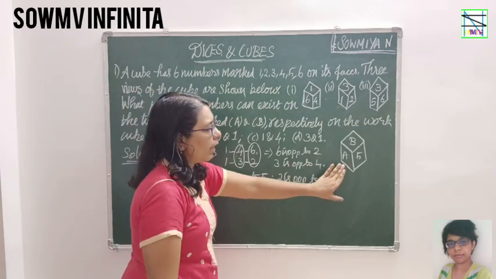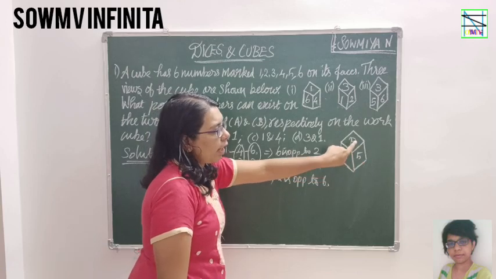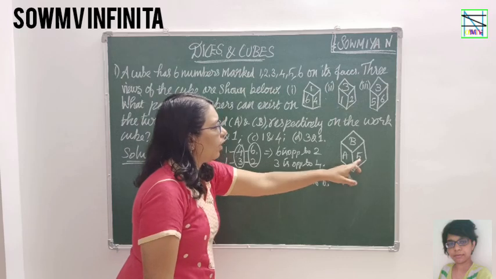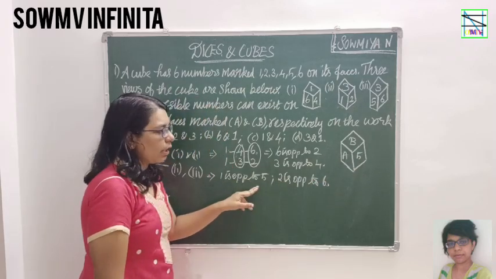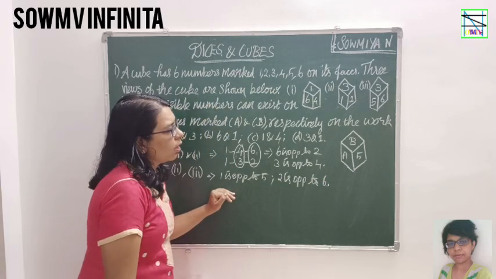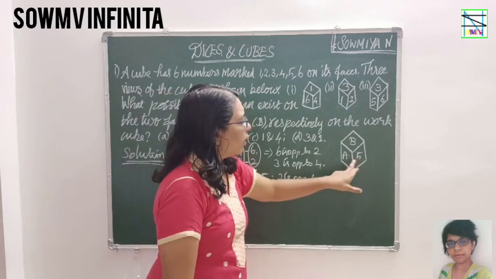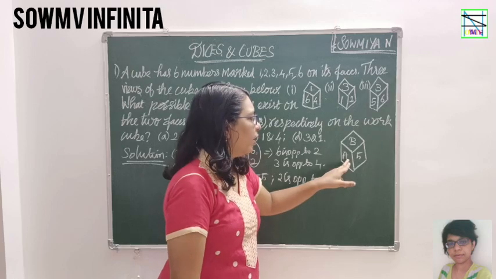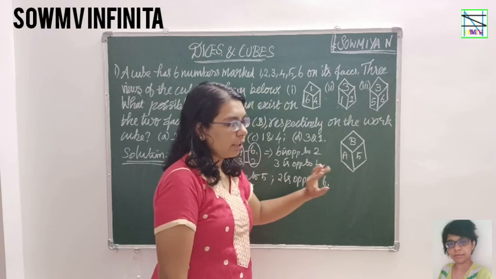And we can find the A and B. Here 5 is opposite to 1, which means 1 is not next to A. Okay, A does not have 1.